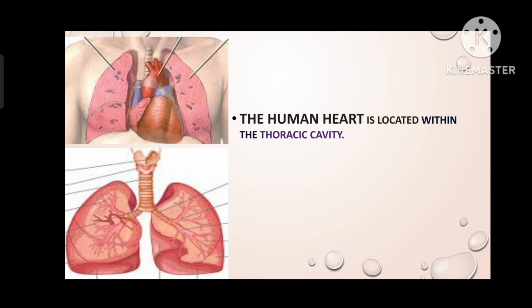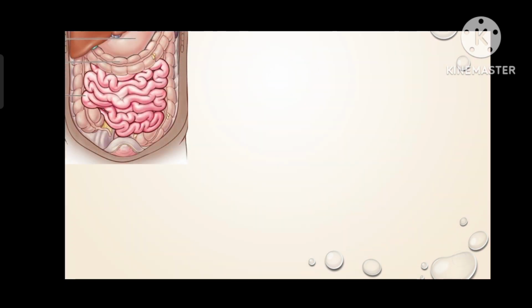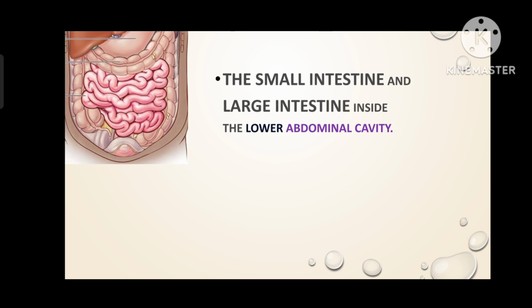The human heart is located within the thoracic cavity. Lungs are on each side of your heart and inside your chest cavity. The small intestine and large intestine are inside the lower abdominal cavity.